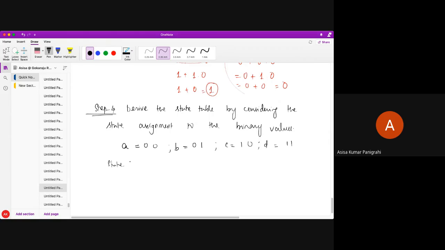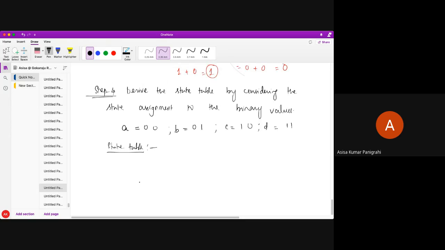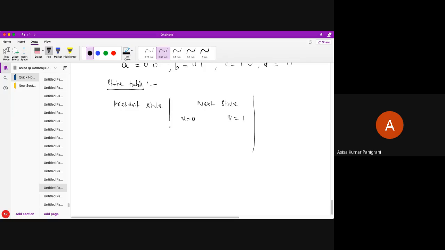So my state table will be like this: present state, and next state for x equal to 0 and x equal to 1, and then output, which is f.